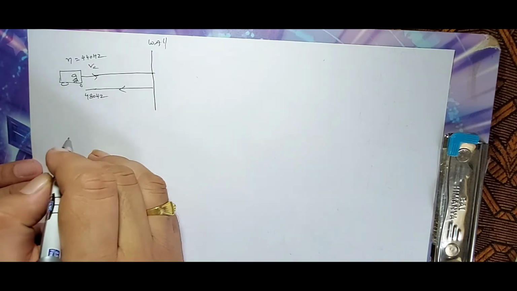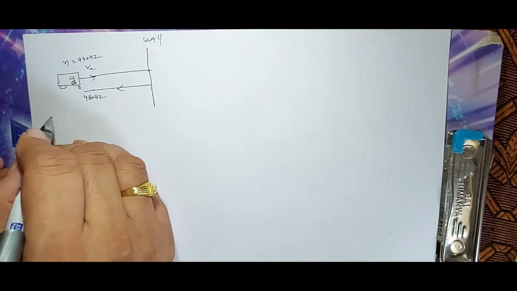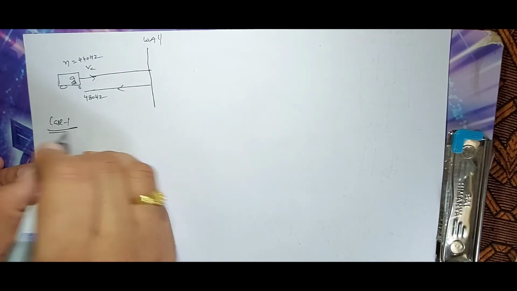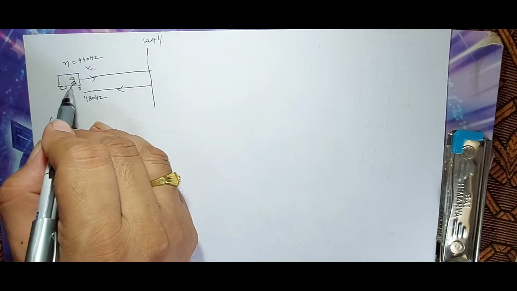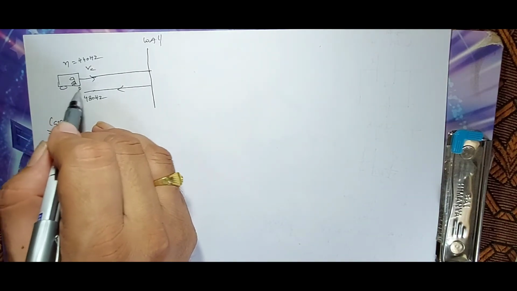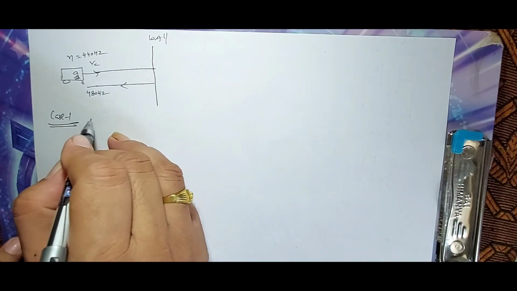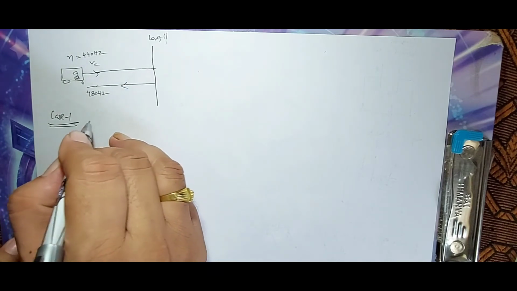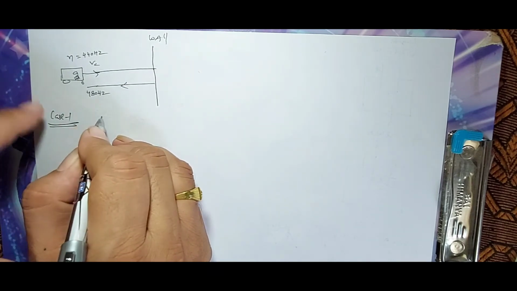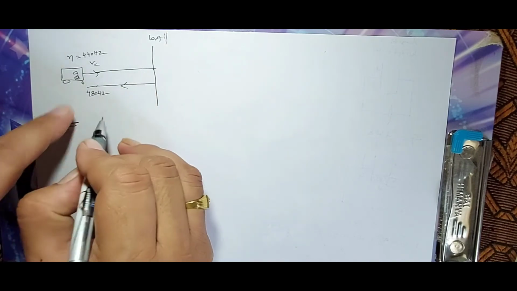Now, this problem can be solved in two cases. Case 1. Here the car is a source and the wall is a stationary observer. So, the source is approaching a stationary observer.